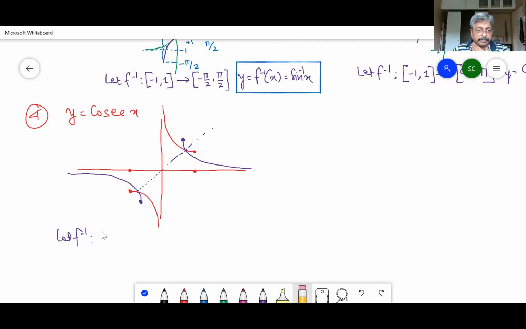Minus infinity, open interval up to minus 1 closed interval, union closed interval 1 to plus infinity, open. This is your domain, and what will be the range? R.